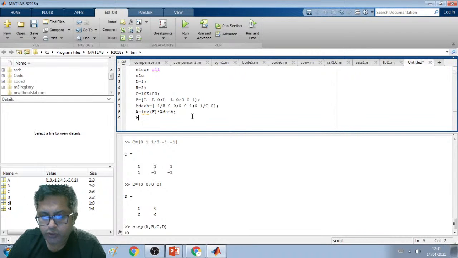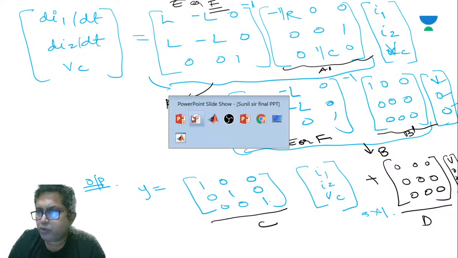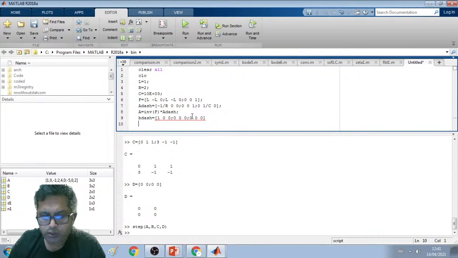B dash is equal to, what is the B dash matrix? 1 0 0 0 0 0 0 0 0 1 0 0 semicolon 0 0 0 semicolon 0 0 0. So the B matrix is equal to inverse F star B dash.